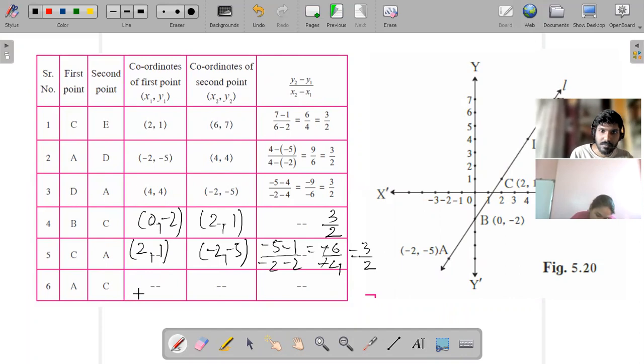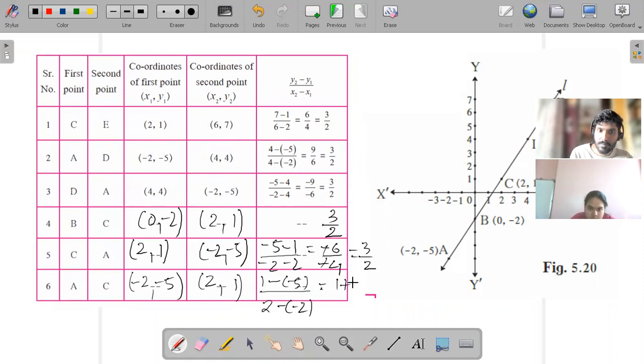And the last one, AC. Coordinates of A is (-2, -5), and coordinates of C is (2, 1). Now use the formula: 1 minus of -5 upon 2 minus of -2.